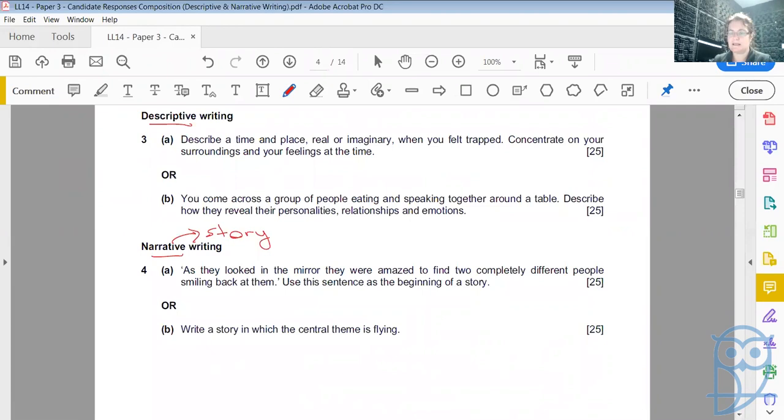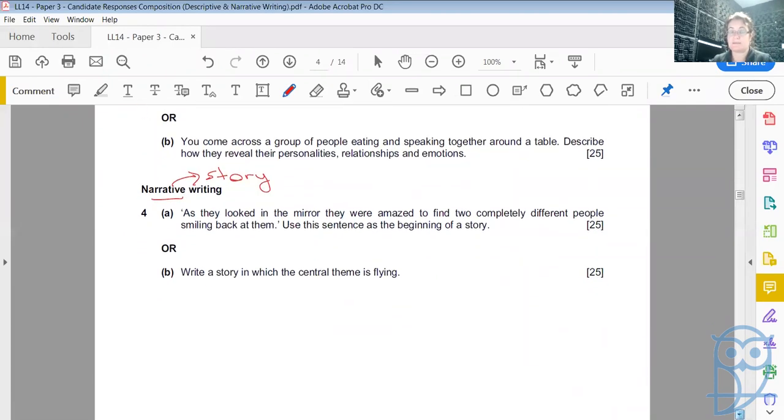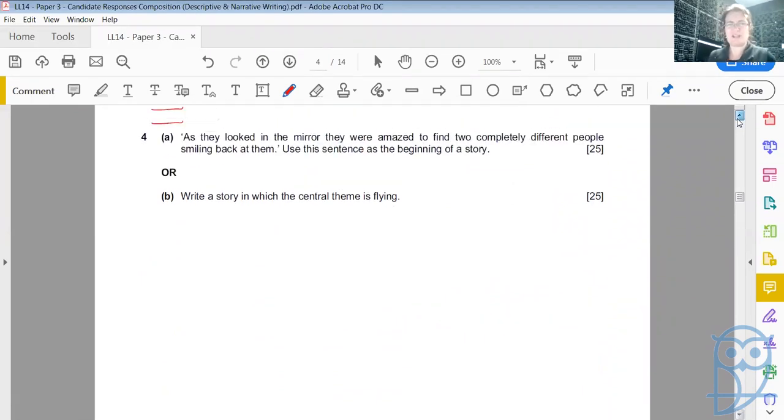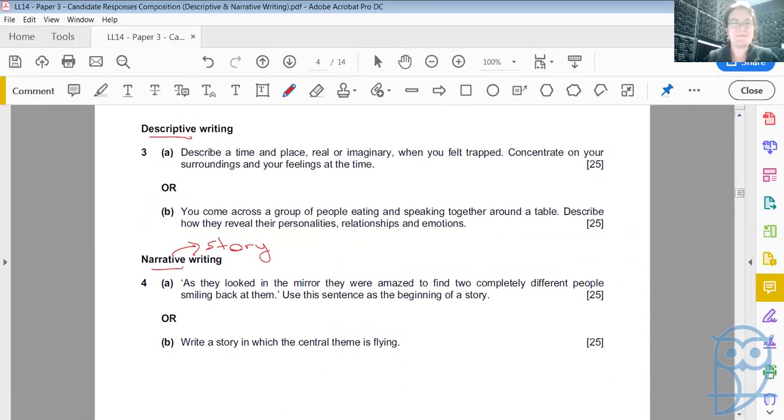Let's have a look at some of the answers that people have given for these 2 sections. Oh, maybe it'd be nice to actually read the question. Yes, that would be good. Okay, descriptive writing, 3A. First choice between 2. Describe a time and place, real or imaginary, when you felt trapped.